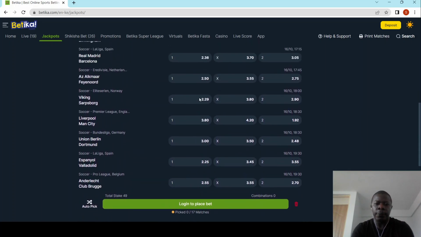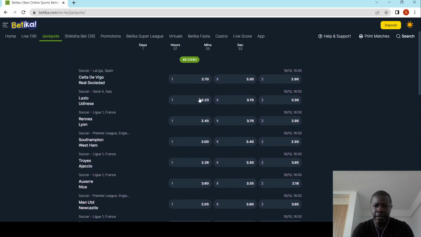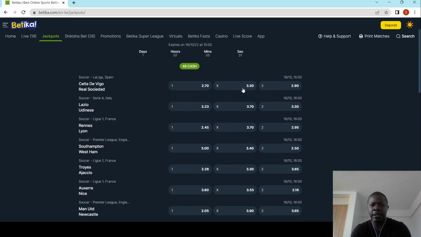So you can place a stake of 49 shillings by predicting the outcome of these games and win the jackpot. But there are also bonuses depending on the number of games. I think if you get 15, 16, 14 games, you should be able to get a bonus.